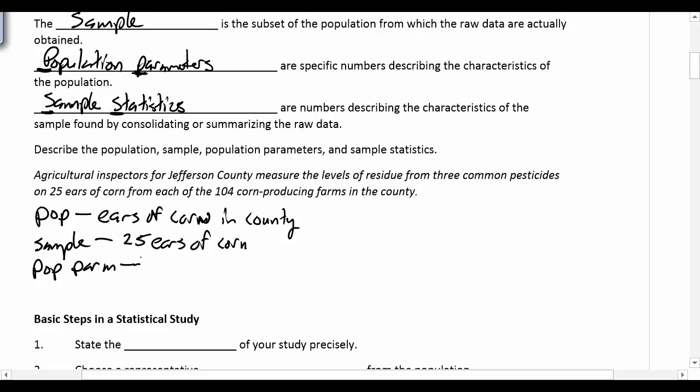Okay, the population parameters, so what are we measuring? It's the average levels of residue in all the corn grown in the county.